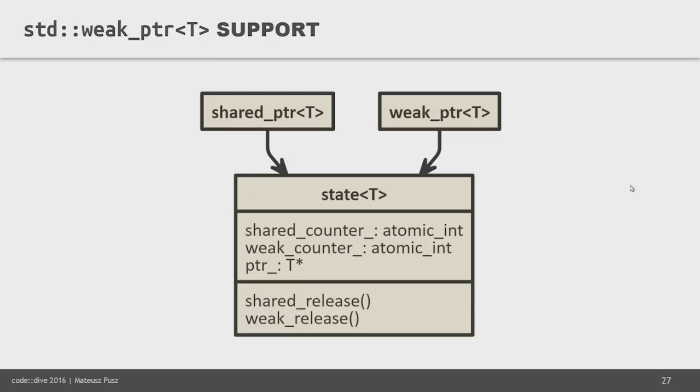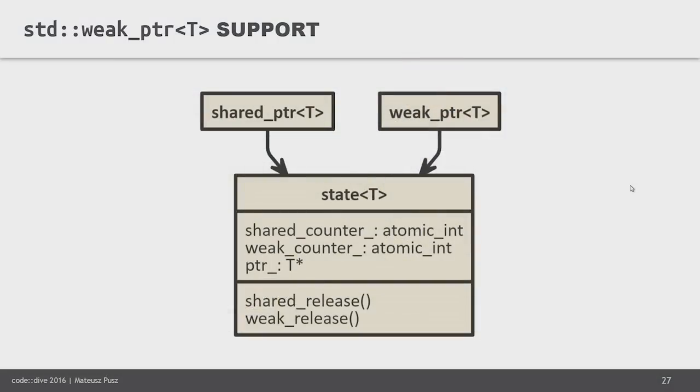I also introduced two functions here. One will be called when a shared pointer goes out of scope, another one when a weak pointer goes out of scope. Basically, when a shared pointer goes out of scope, then the stored object is destroyed, but we may not be allowed to destroy the state, because the state has to live as long as at least one weak pointer lives.